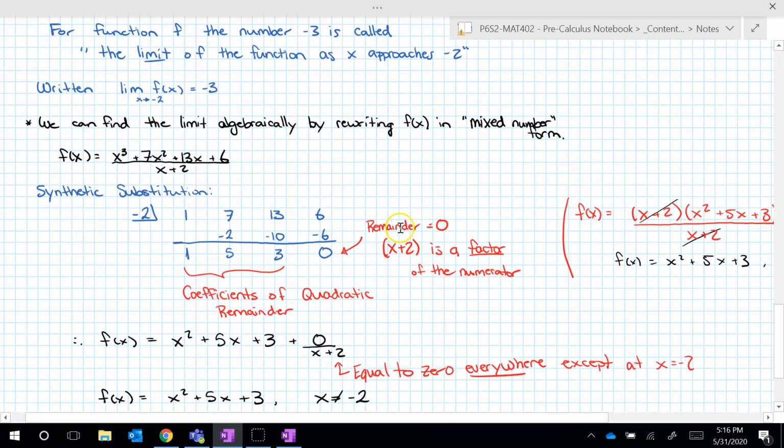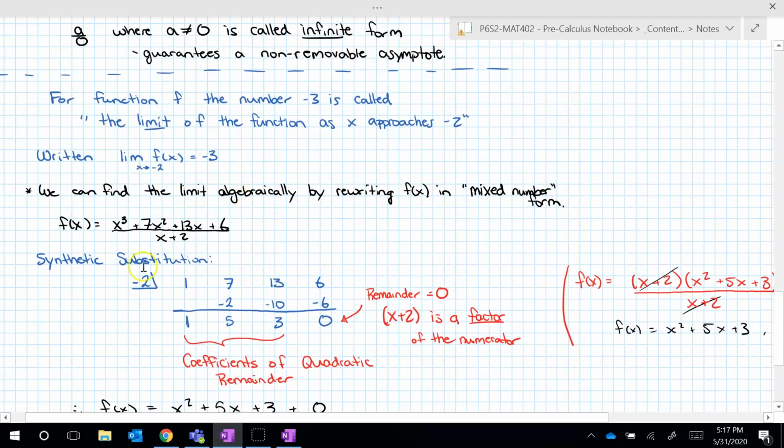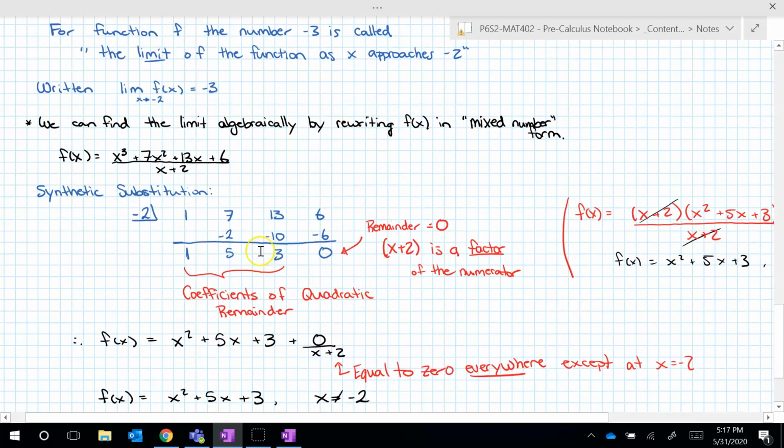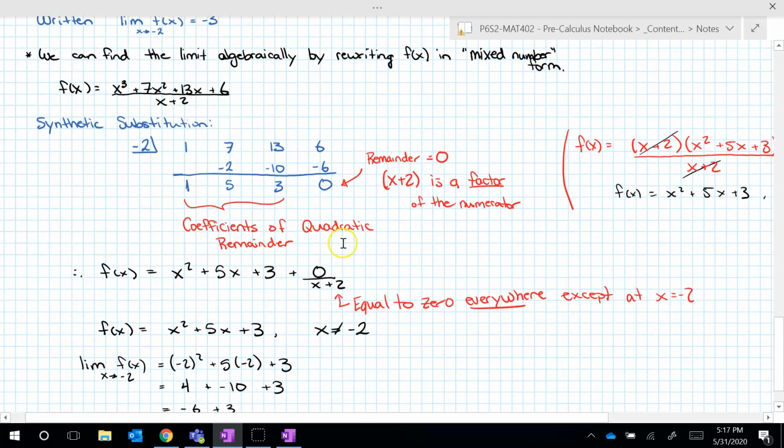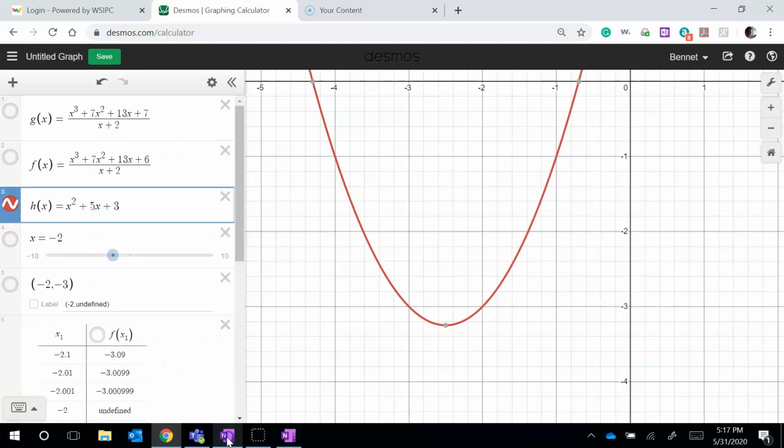So the whole piece here boils down to that synthetic substitution, get those quadratic pieces, and then say that these two things are completely identical to each other. They overlap each other in every way, but at negative 2, one is evaluable.